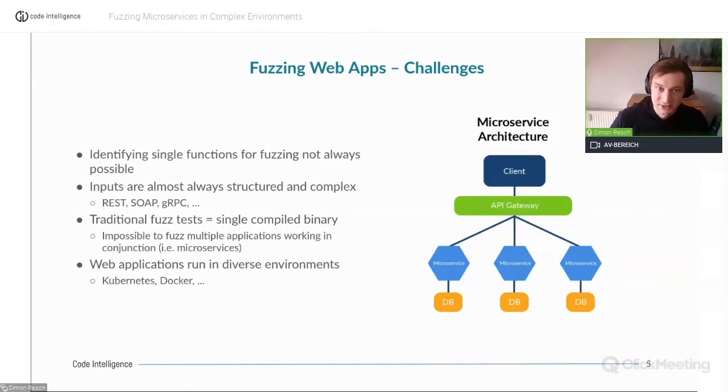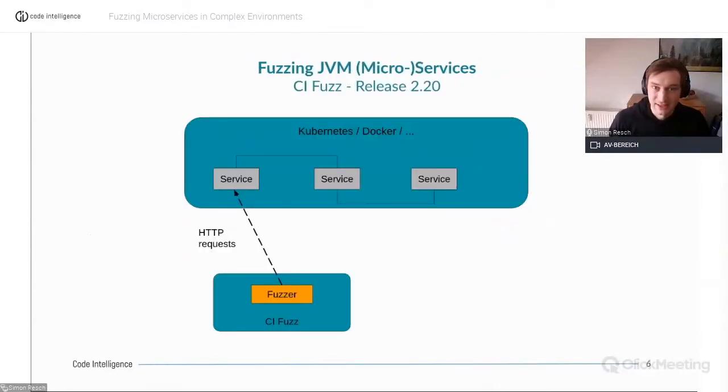Those problems came up a lot during our work at Code Intelligence, and so many customers are having this problem that we wanted to address all of them, which led us to developing a new kind of fuzzer that's included in our latest release, release 220 of CI Fuzz.